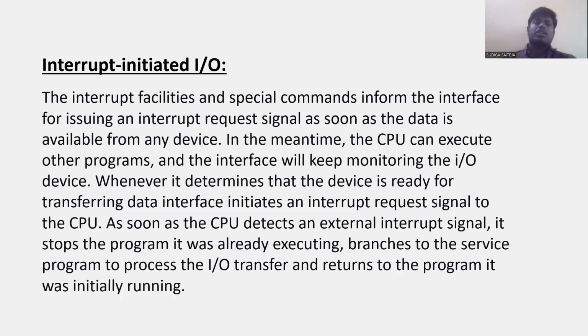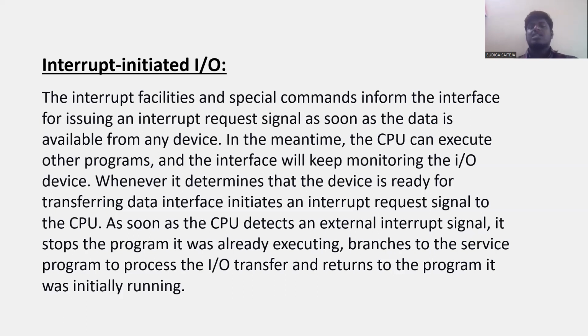In the interrupt initiated method, the commands from the interface issue an interrupt request signal as soon as the data is available from any device. Meanwhile, the CPU can execute other programs, and the interface will keep monitoring the input devices.